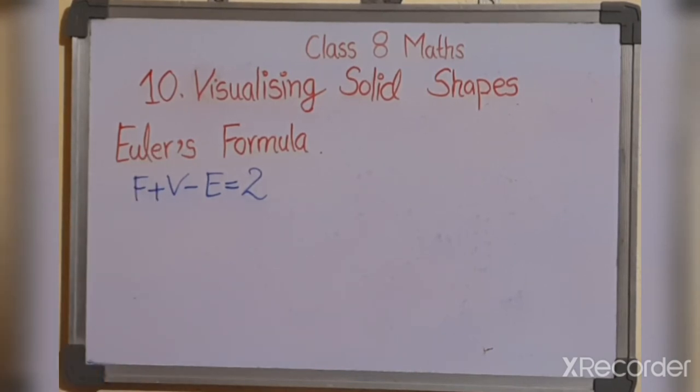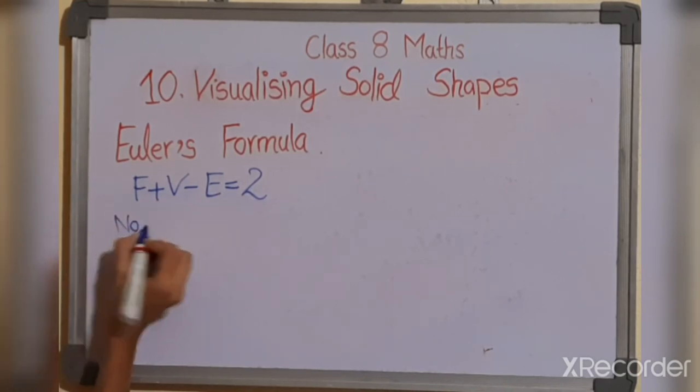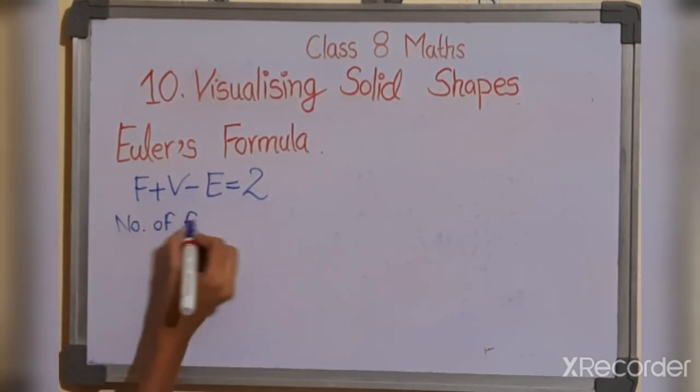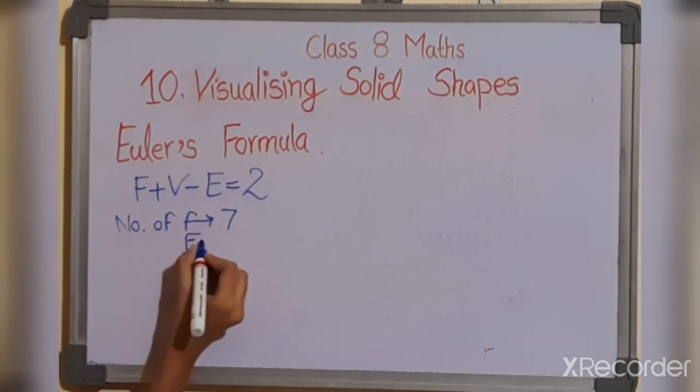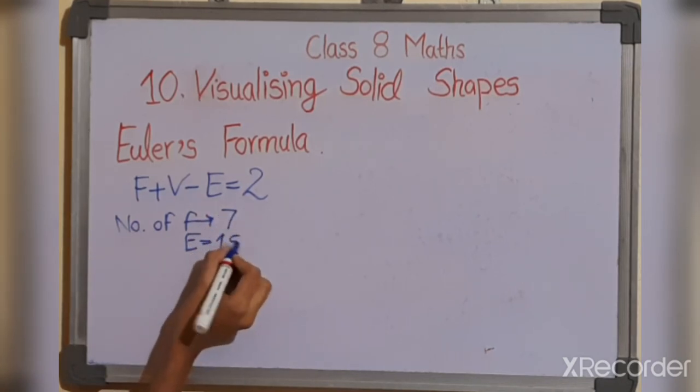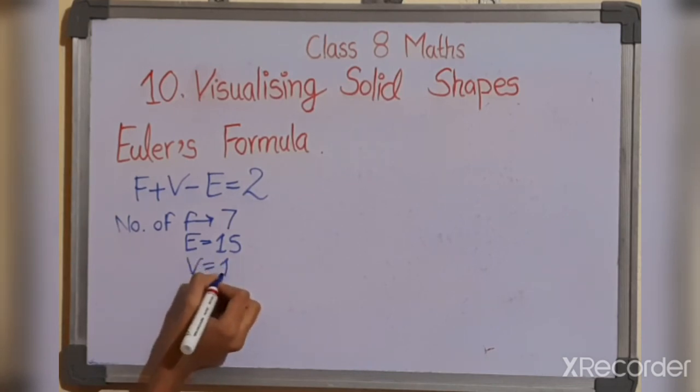Now here a question is given that verify Euler's formula for this solid. A solid is given and here the number of faces is 7, edges is 15 and vertices is 10.